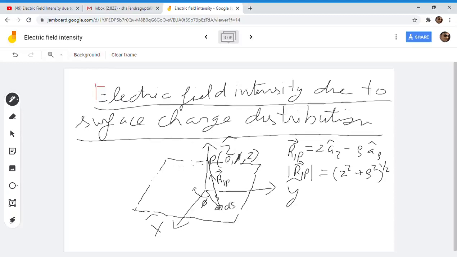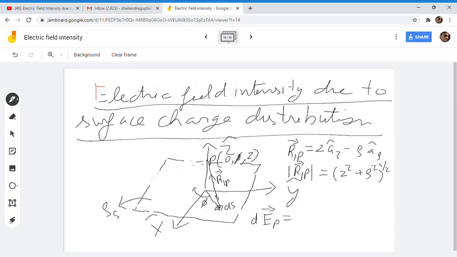So now we can easily write our electric field equation at P point. So what will be our electric field? And this will be dE because this is due to the differential surface. So this surface charge is having a surface charge density of rho s.